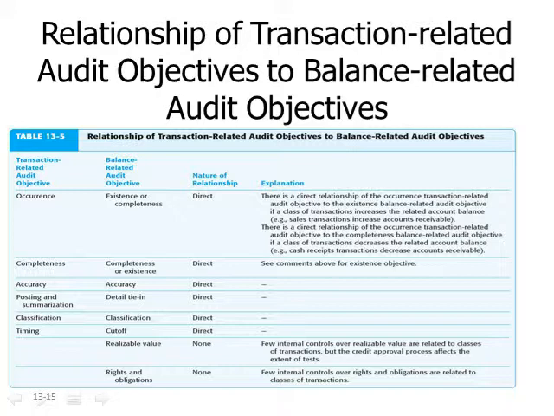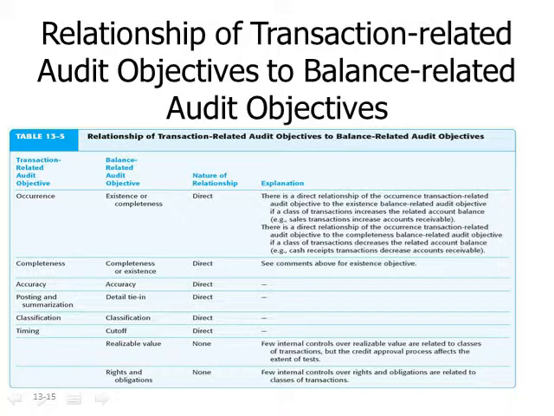And we see that many of them have the same explanation. So for instance, with occurrence, if we're looking at a transaction-related audit objective and we're talking about sales, we're looking for auditing and testing that the sale actually occurred. If we're looking at a balance-related audit objective for existence or completeness, we're looking to see that the asset actually exists and that it's recorded at the correct balance.